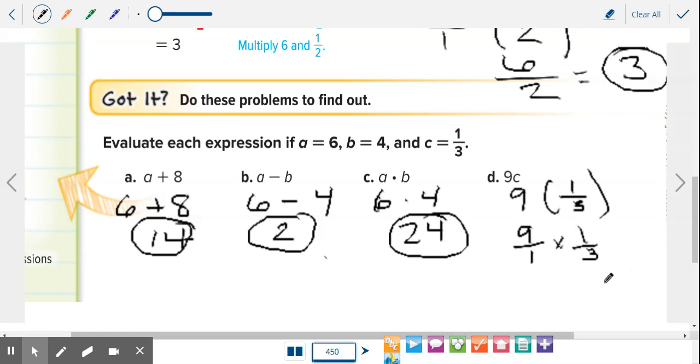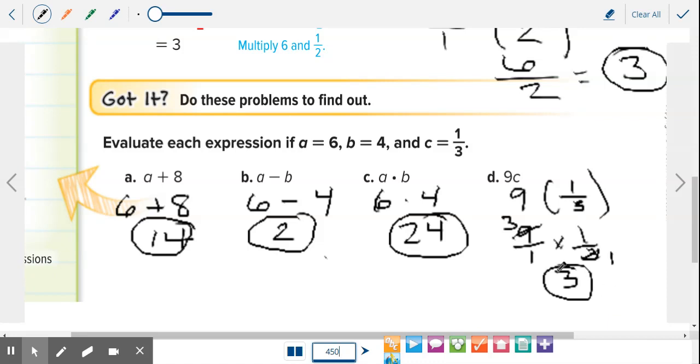And we get what? Okay, so she went ahead and simplified before she multiplied. What did you divide out of these two? 3. So 9 divided by 3 is 3. 3 divided by 3 is 1. So then you multiply it out and you get what? 3. And there's your answer. Any questions on those 4?